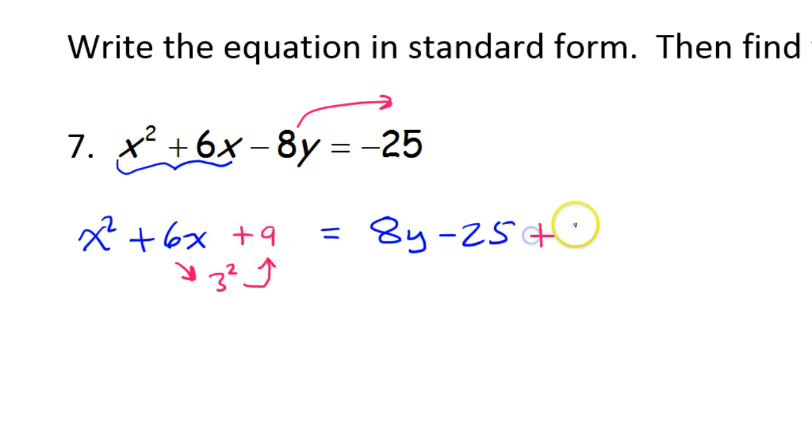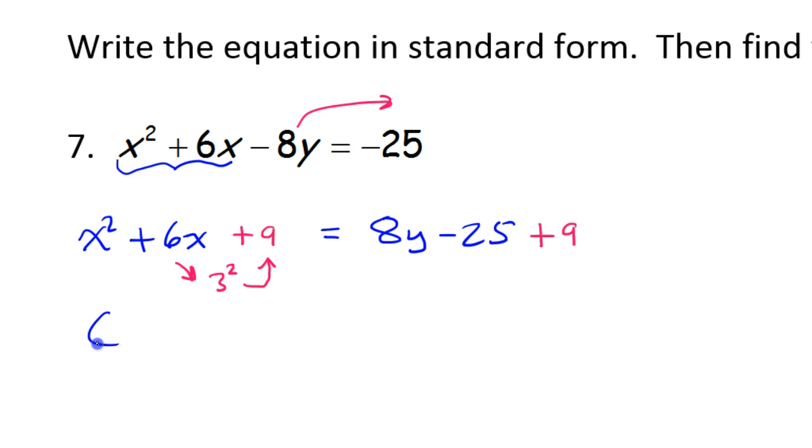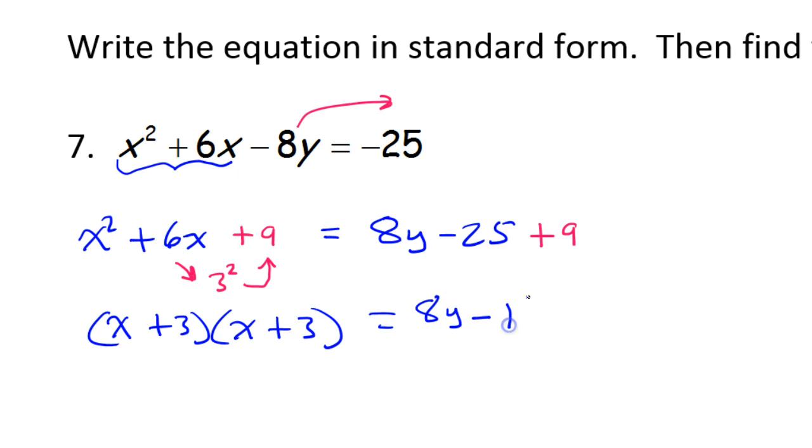Right away, I need to add 9 to the opposite side in order to balance that out. By completing the square, I've created a problem that will factor as the same thing twice. So this is going to factor as x plus 3 times x plus 3. So this is going to give me 8y minus 16. I'm just combining like terms over here.